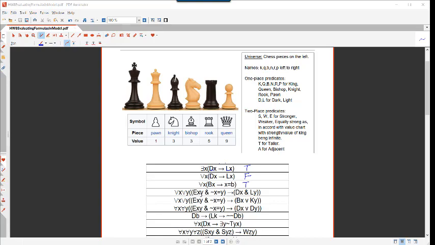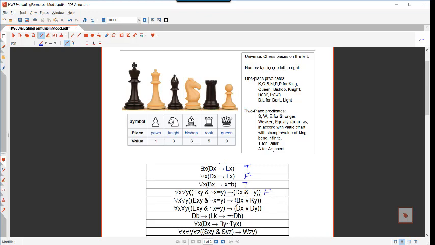So again, that makes the antecedent true, but now the conclusion is false. So because the order of x and y matter here, you get a different result depending on how you plug them in, and you have to explore both ways. So this is false because it is not true of every two things in that particular order.